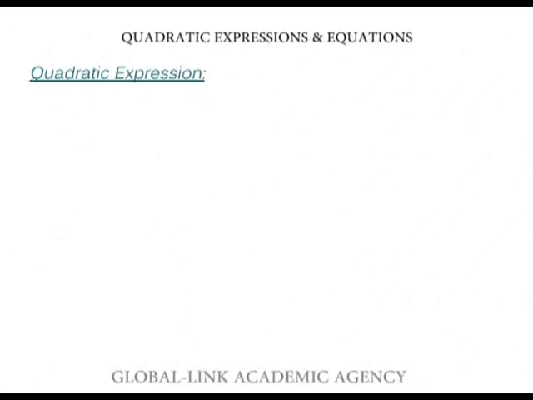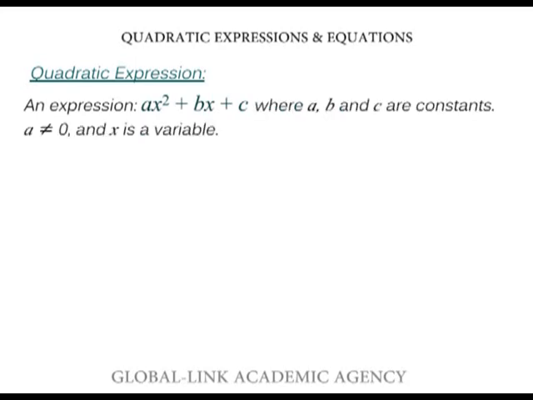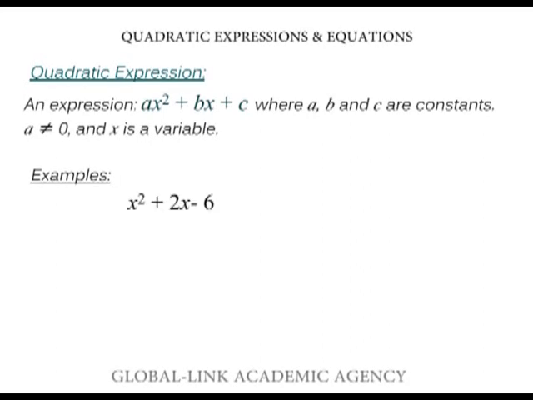Quadratic expressions. It's an expression of the form ax squared + bx + c, where a, b, and c are constants, a is not equal to 0, and x is a variable. For example, x squared + 2x - 6, 2x squared - 3x + 5.